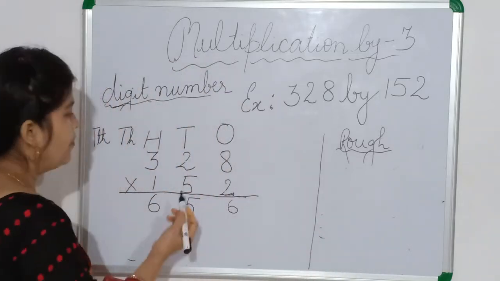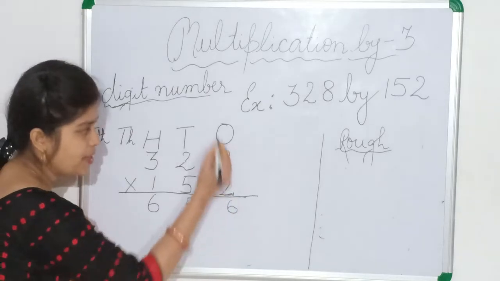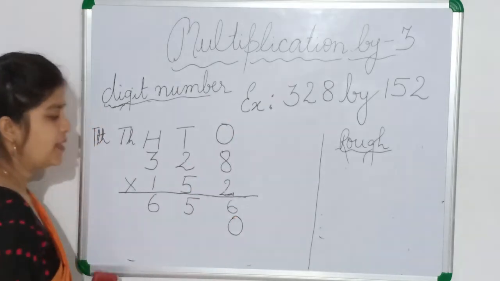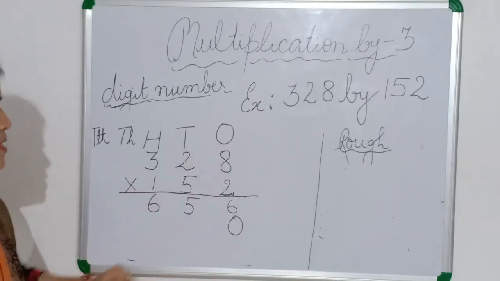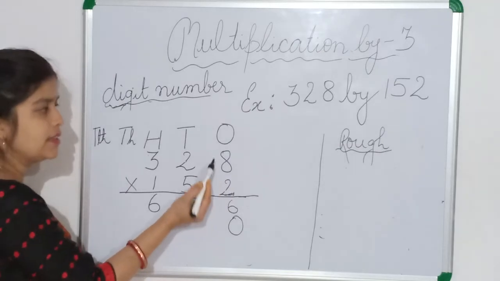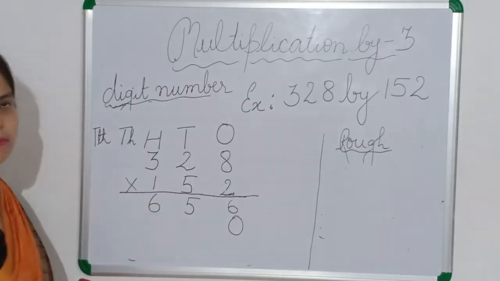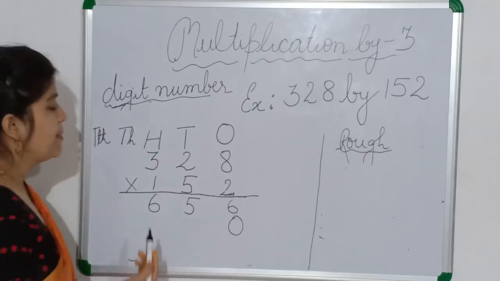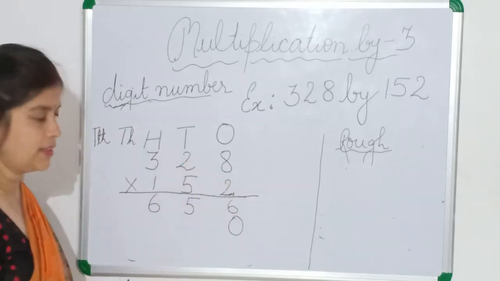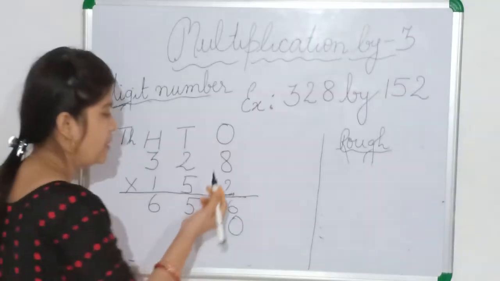Now I will multiply the number with 50. 5 tens. When I am multiplying with 5 tens, first I will put 0 in the ones place. This I have to do. First I will put 0 in the ones place, and simply I will multiply 5 with the digit which is in ones place, tens place, 100 place and 1000 place. So I will multiply one by one. Here it is 5 into 8, so it will be 40.